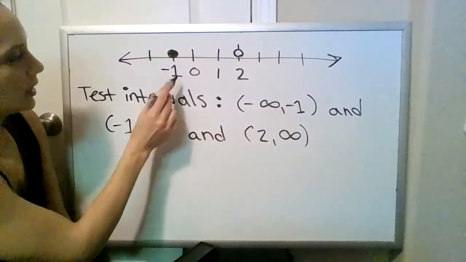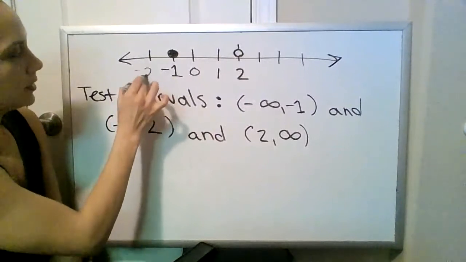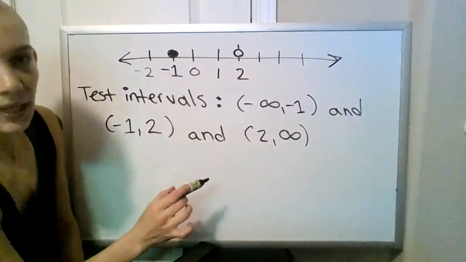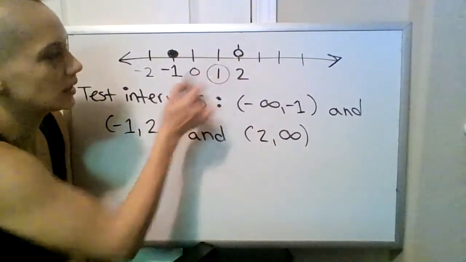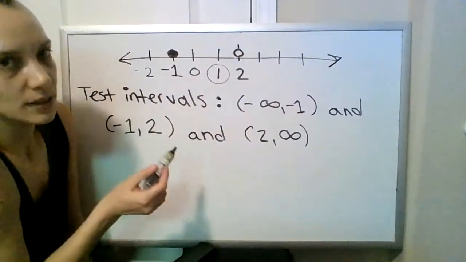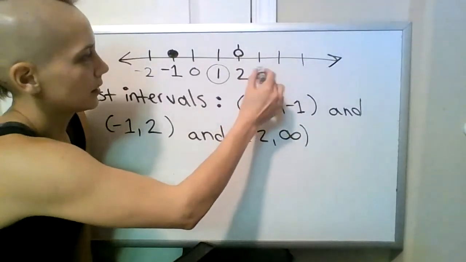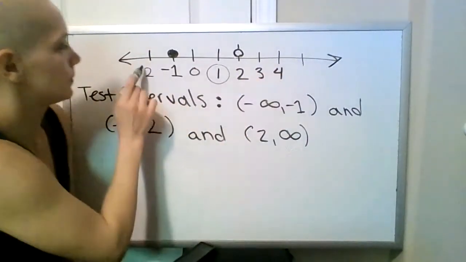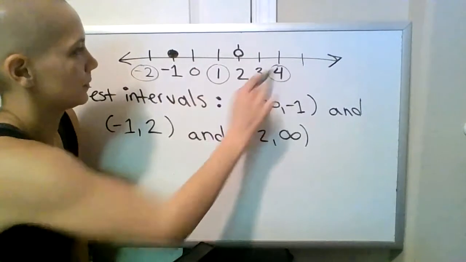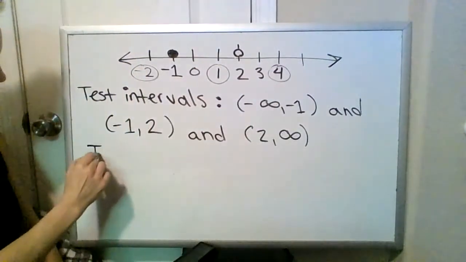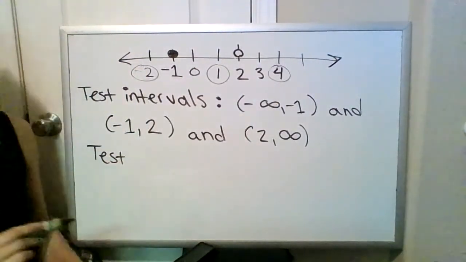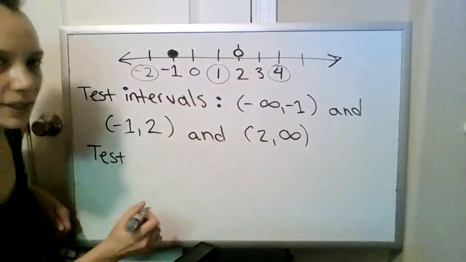So I'm going to try testing x equals -2. Let's check x equal to 1, and x equal to, let's go with 4. Okay, first test.